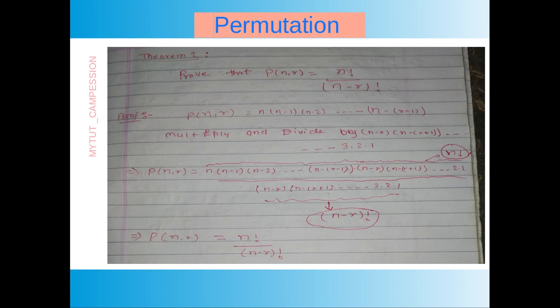Now n into (n minus 1) dot dot dot up to 1 is n factorial. And (n minus r) into (n minus r minus 1) dot dot dot 3 into 2 into 1 equal to (n minus r) factorial. Hence P(n,r) equal to n factorial divided by (n minus r) factorial.